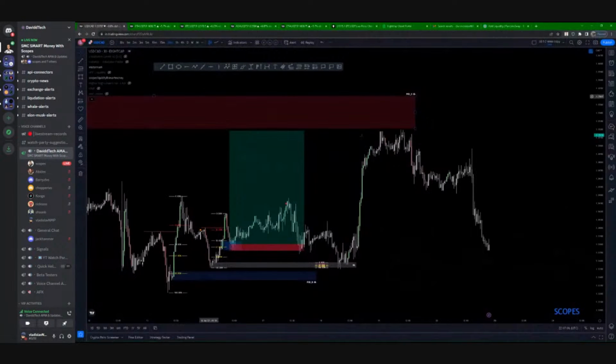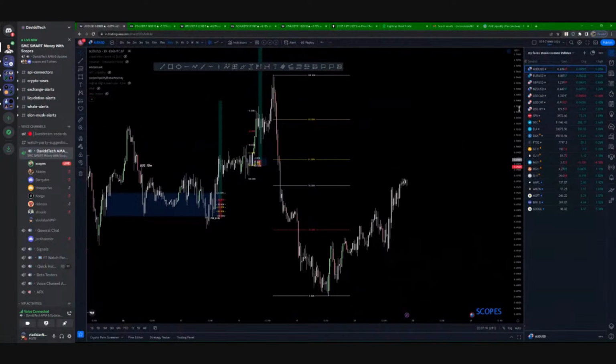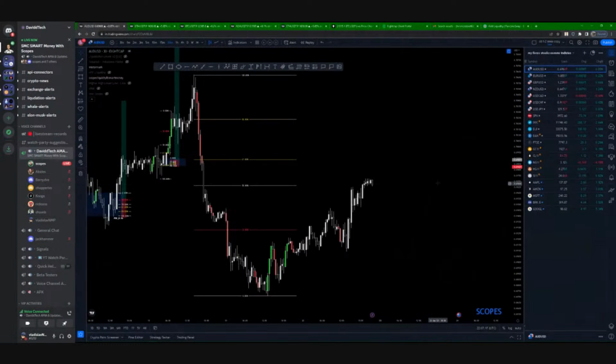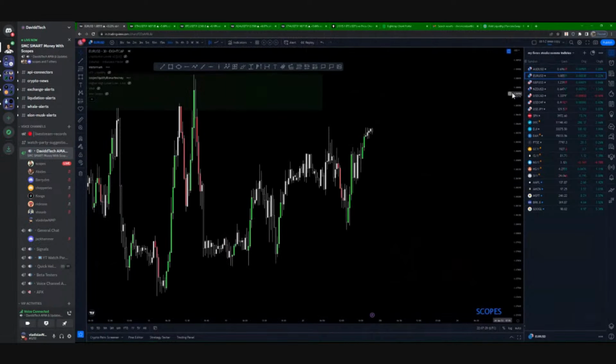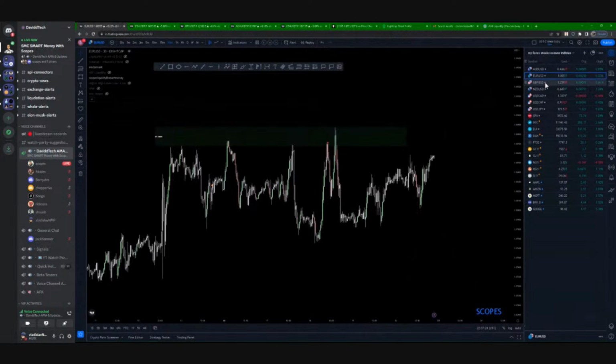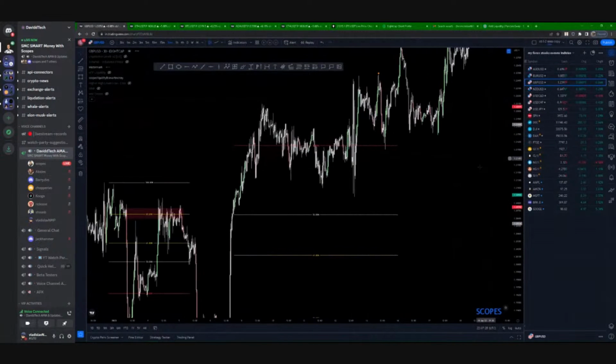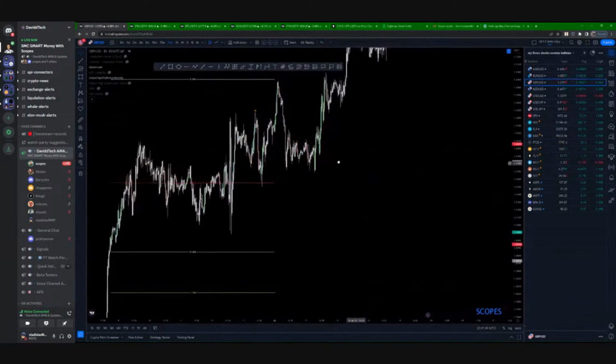What I've been doing is going through, I'm only trading these 6 pairs. So I've been going across them all through the week, leaving myself some little bits of drawings.